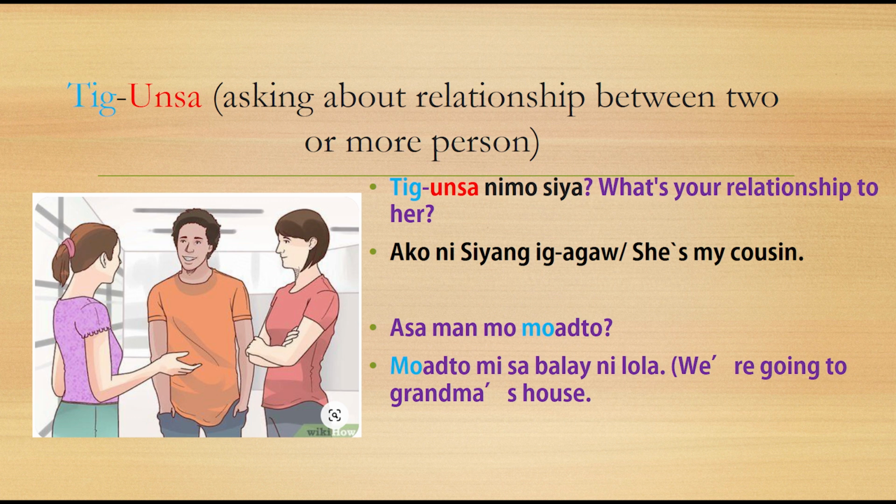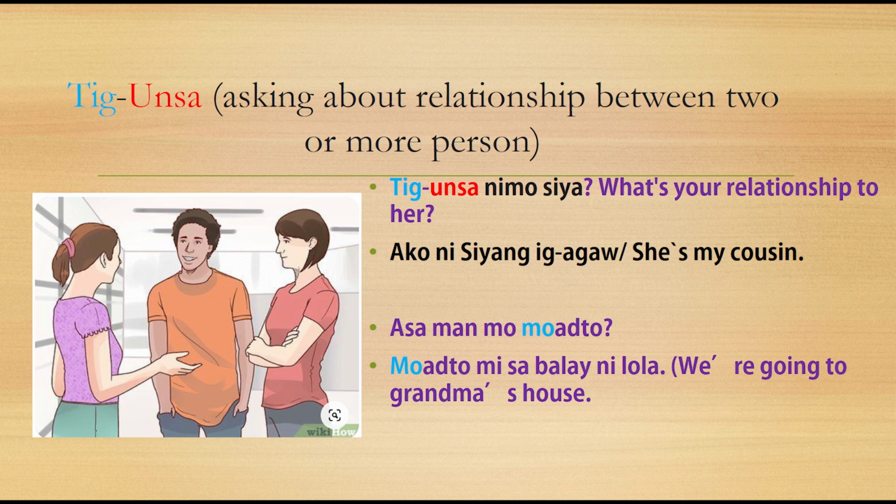Okay, so that's your relationship. Because she's asking, tigunsa mo niya? Because you're walking along with her, right? So the people might be wondering, what's your relationship to her? So asa man mo, because you're going with her, they're asking you, asa mo moadto? So say moadto mi sa balay ni Lula. We're going to grandma's house.